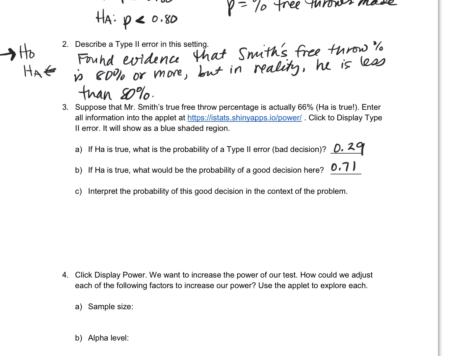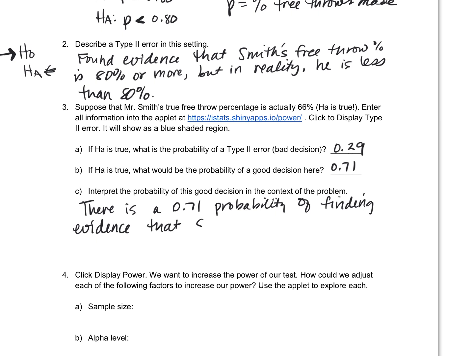So if we interpret the probability of this good decision in the context of the problem, we would say that there is a 0.71 probability of finding evidence that Smith's free throw rate is 80%.